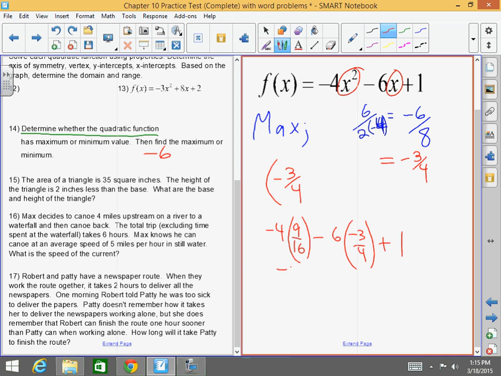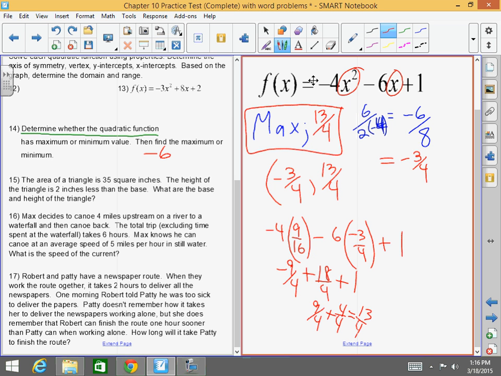So this is going to be negative 9/4 plus 18 over 4 plus 1. That's 9/4 plus 1, I'm going to convert to 4 over 4. That equals 13/4. This is a maximum, and the maximum value is 13/4. Got to know how to work with your fractions, guys.